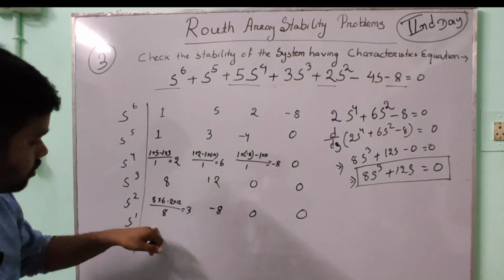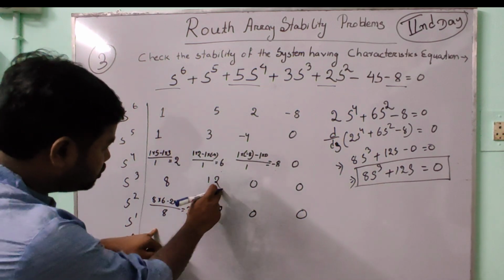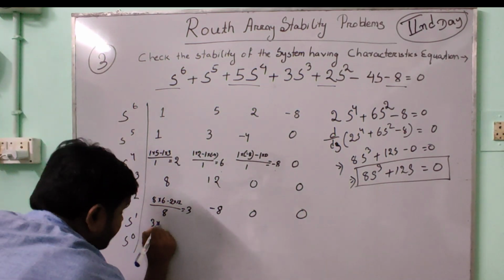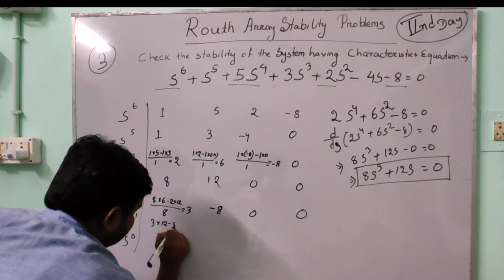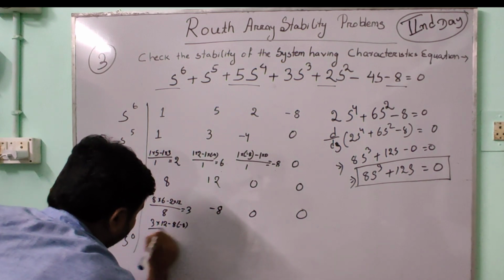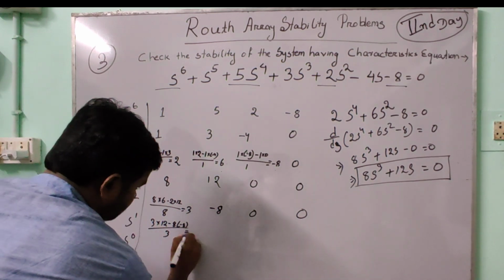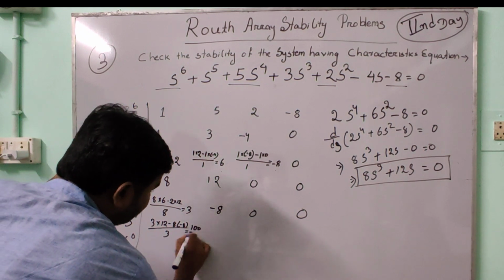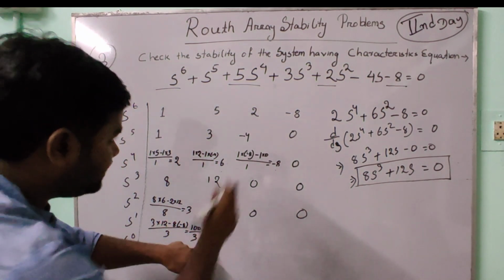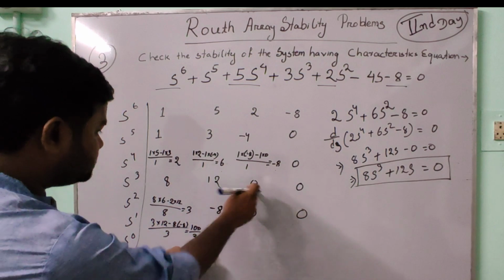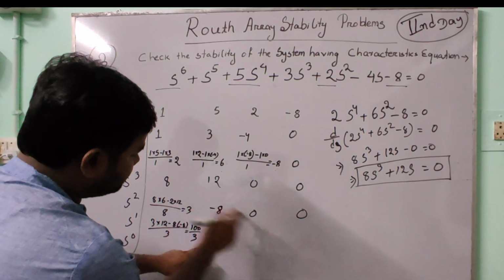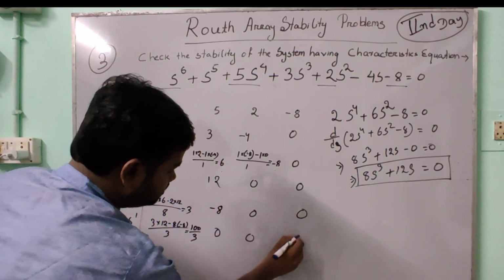Similarly, for s^1, the value will be (3 into 12 minus 8 into -8) divided by 3, which is 100/3, and the next values will be 3 into 0 minus 8 into 0, which is 0, 0, 0.